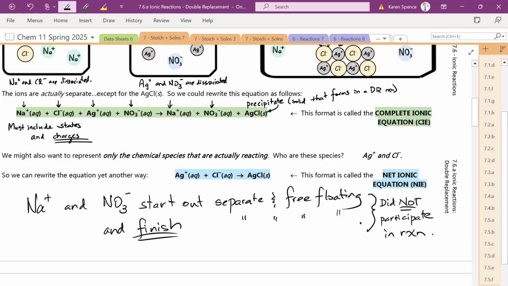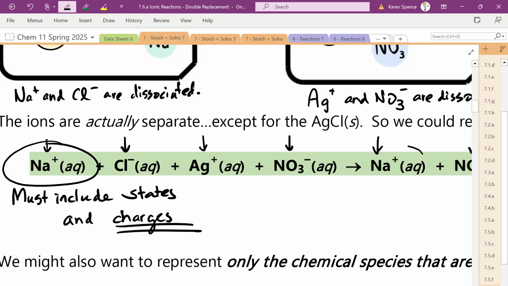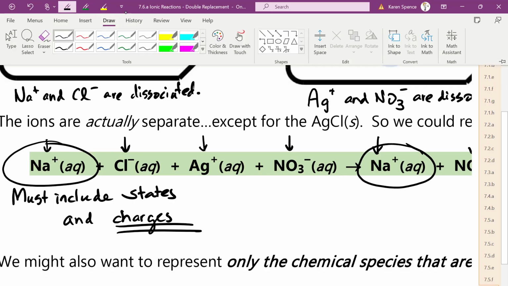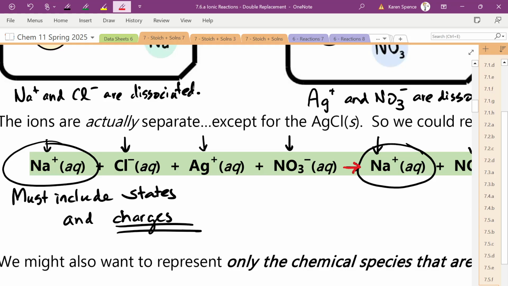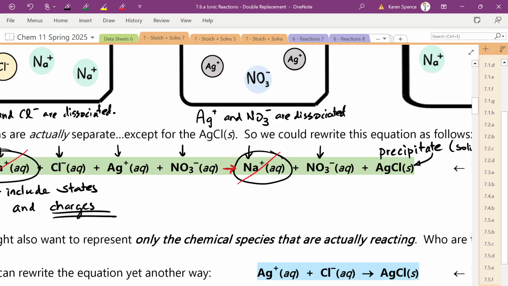And so what you can do is, if you have a complete ionic equation, you can go through it and say, I have an Na plus on the left, and I have an Na plus on the right of my reaction arrow. So I can actually cancel those out because they did not change. Okay? And then I can say, oh, my Cl started out aqueous, but now it's part of a solid, so it did change into something new.